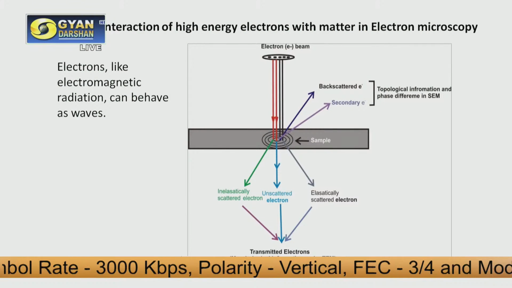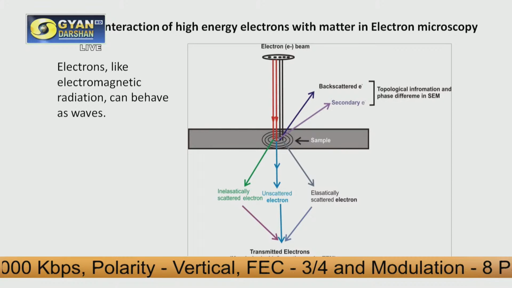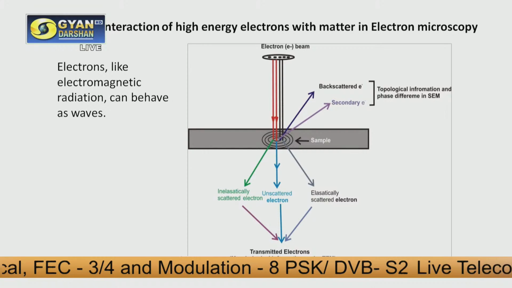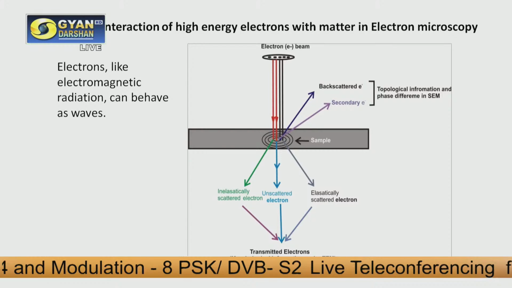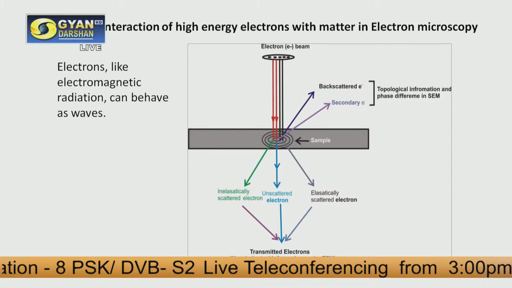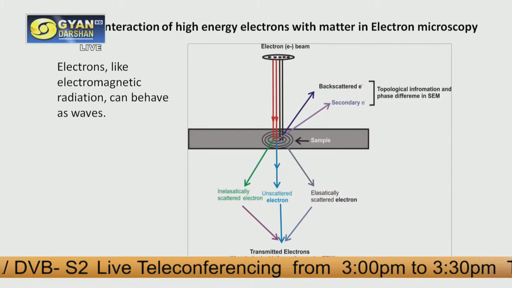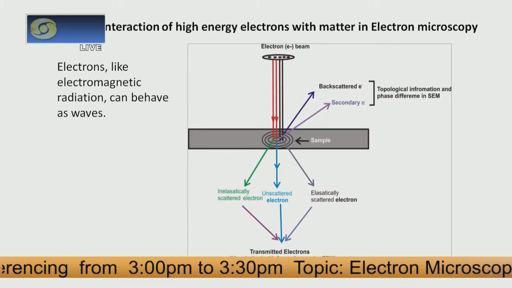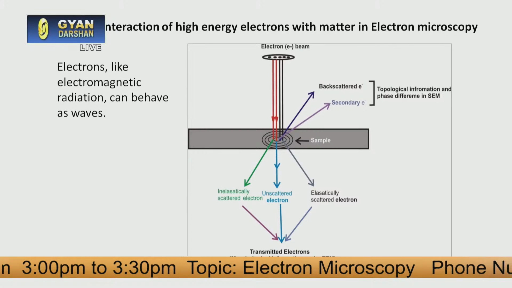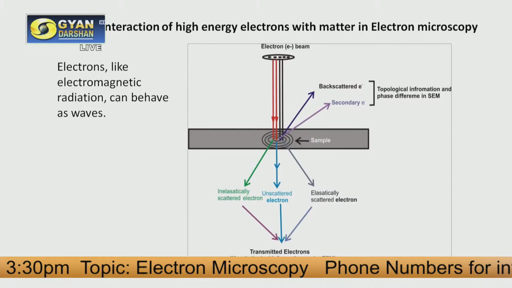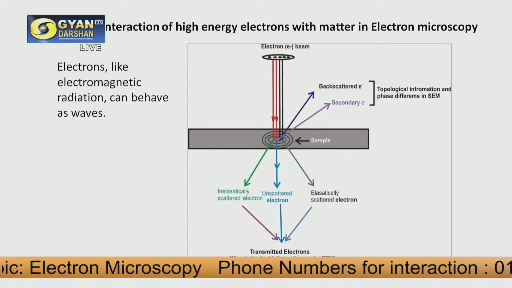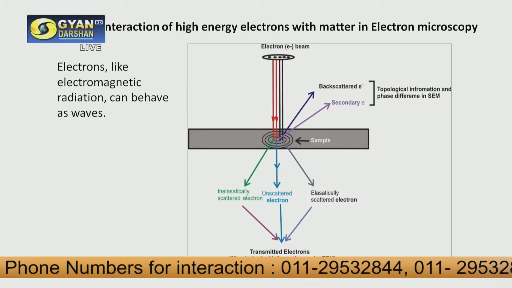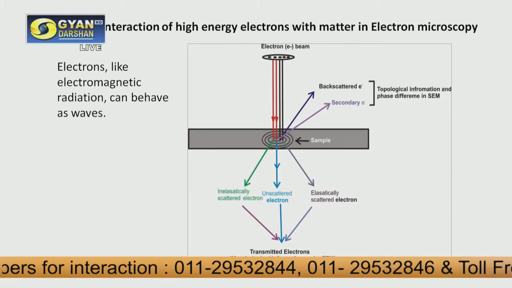When electrons interact with a biological specimen, four kinds of things can happen. The incident electron beam is the beam that hits the biological specimen. The specimen has thick and thin areas of material density.